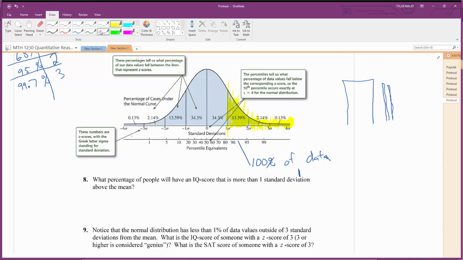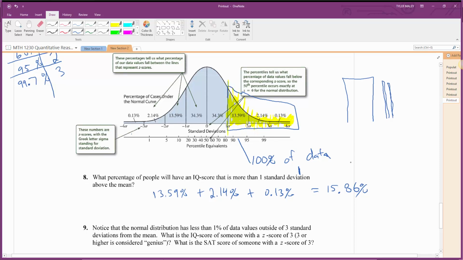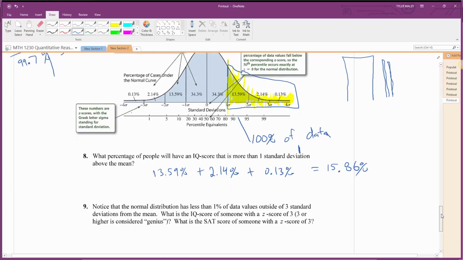To get this, we just add up what's in the yellow: 13.59% plus 2.14% plus 0.13%. If we add those all up, we get 15.86%. So we assume that 15.86% of scores will be in this range, higher than 1 standard deviation.